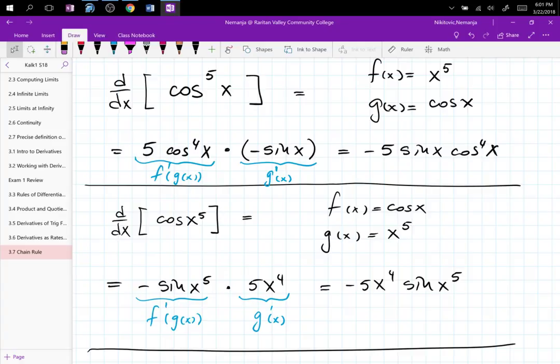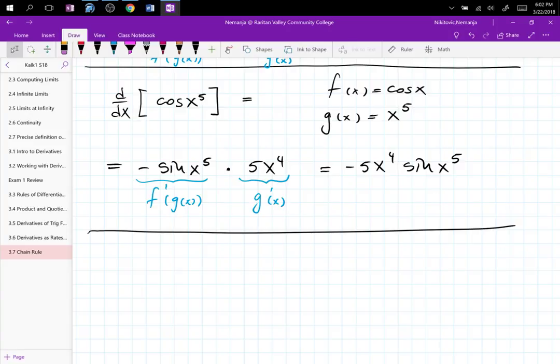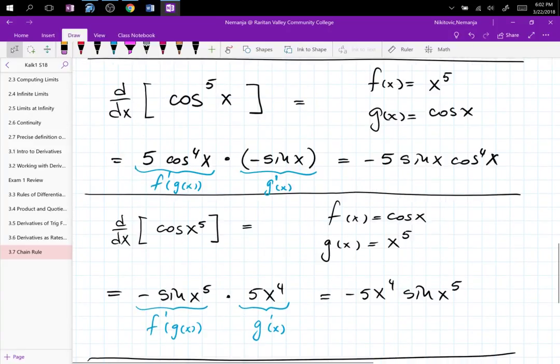They're very different. They look so similar. It's just doing 5,000 examples. That's all it is. The derivative of the outer function, the derivative of the inner function. Now, before I move on, over here, if I think of this cosine as a big fat x, then you can see in the answer that something that was x to the 5 becomes 5x to the 4th.